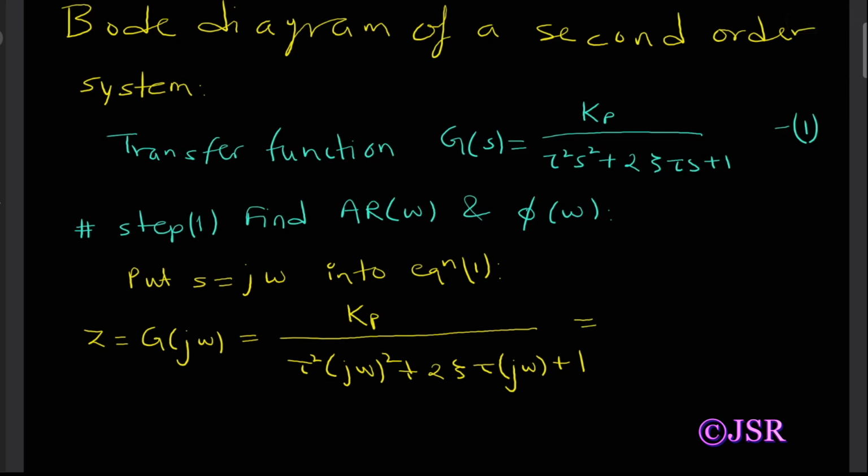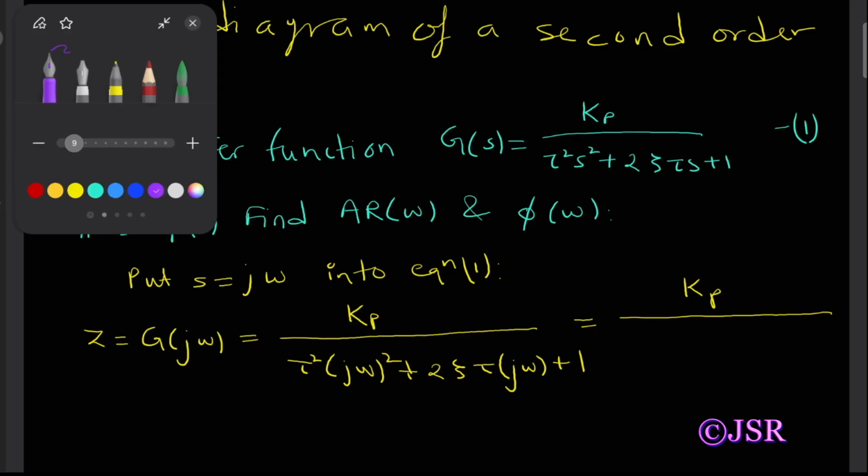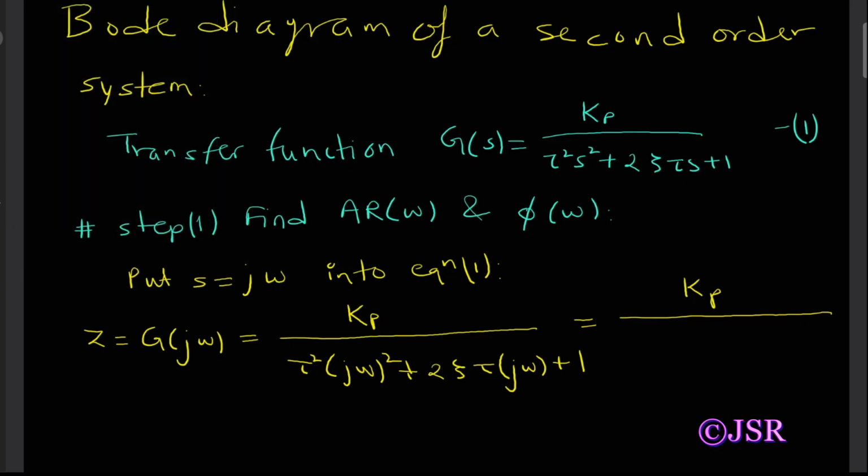So this will give Kp upon, and here the first term is tau square j square omega square. So this will be minus omega square.